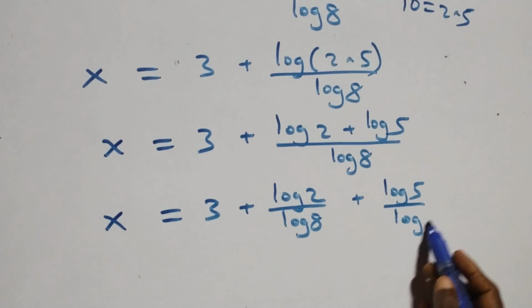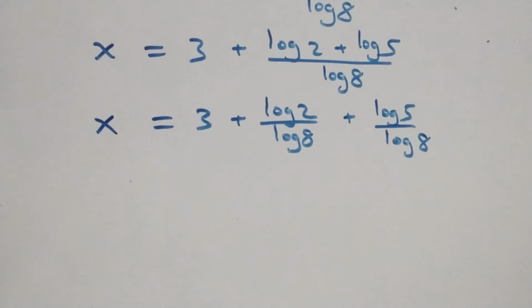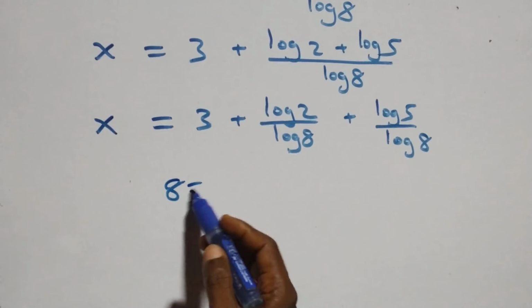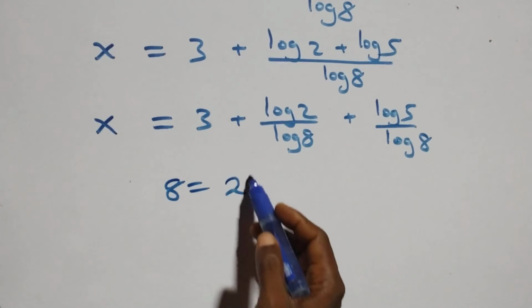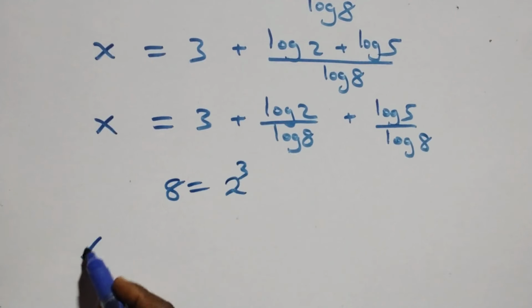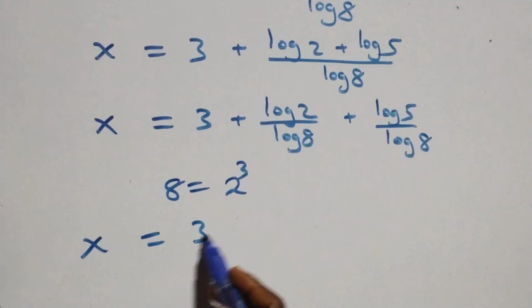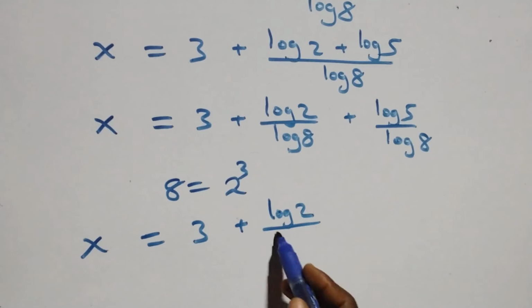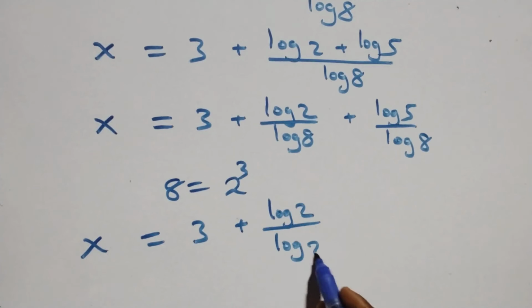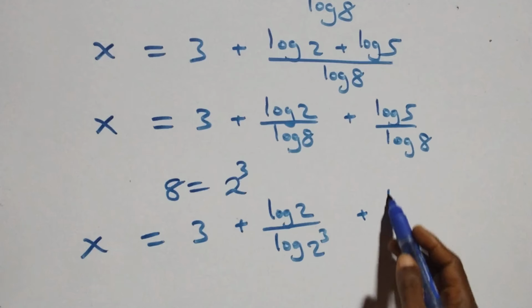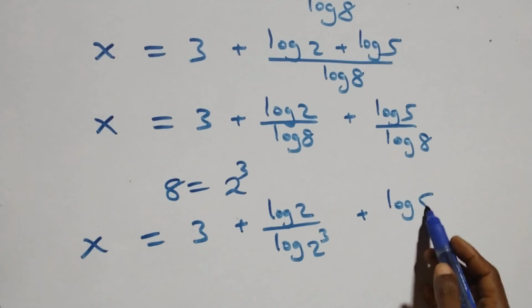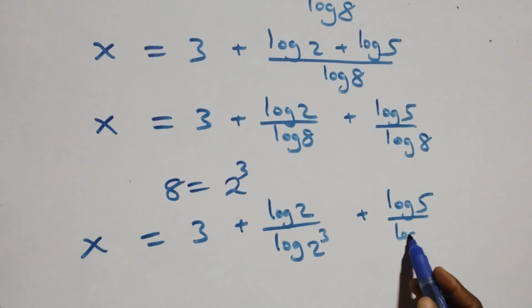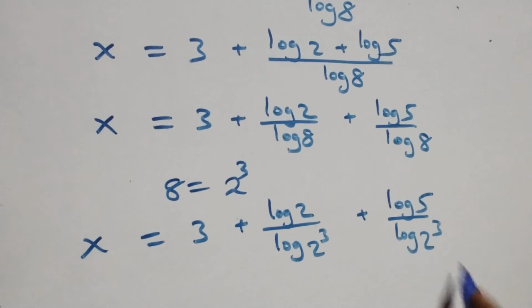over log 8. That is, from here we can write 8 as 2 times 2 times 2, which is 2 raised to power 3. And this becomes x equals 3 plus log 2 over log 2 raised to power 3 plus log 5 over log 2 raised to power 3.